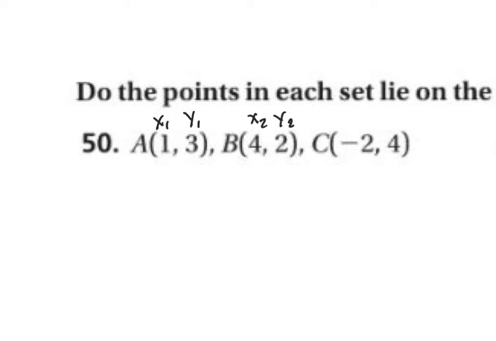So our slope formula, if you remember, is rise over run, but in this case when we have points, it's going to be the difference in the y coordinates divided by the difference in the x coordinates. So it's going to be y2 minus y1 over x2 minus x1.